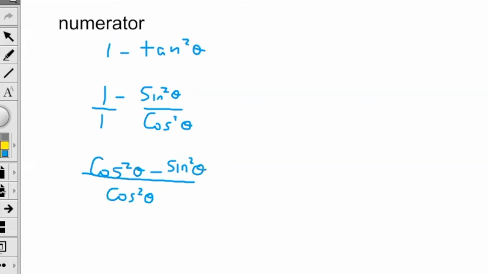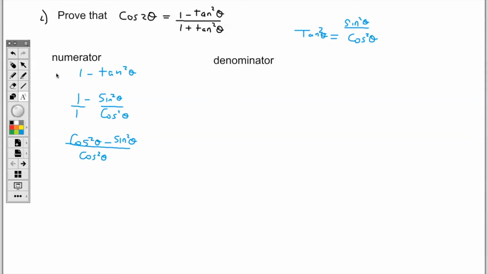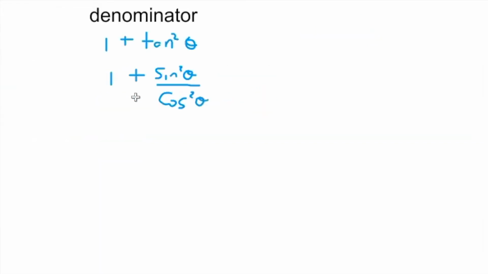Now let's look at the denominator. For the denominator, we have 1 plus tan squared theta. So I have 1 plus, just as before, I'm going to replace tan squared theta as sine squared theta over cos squared theta.